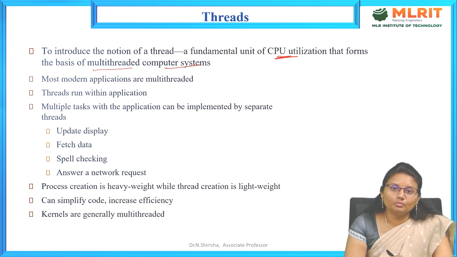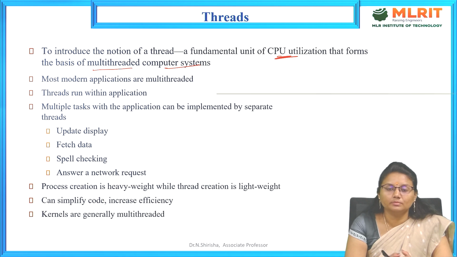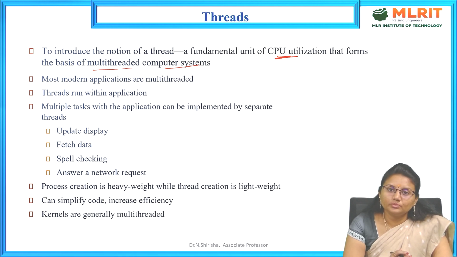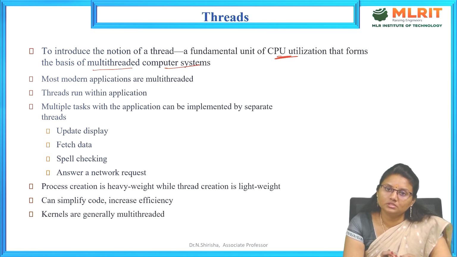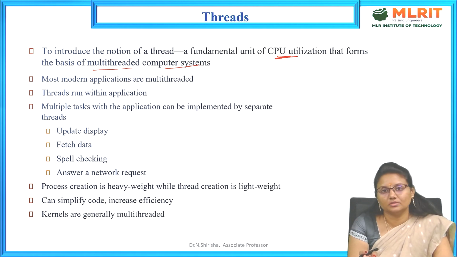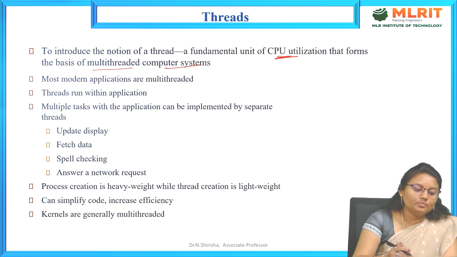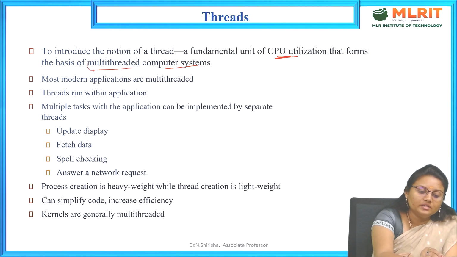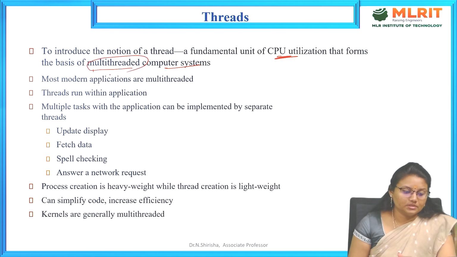To move from one thread to another, we use context switches. Once switching is possible, the scheduler or the dispatcher goes to the next process and dispatches it. So when the second process comes, the CPU is not idle, the second process is executing. In that way, we are introducing the multi-threaded computer system.